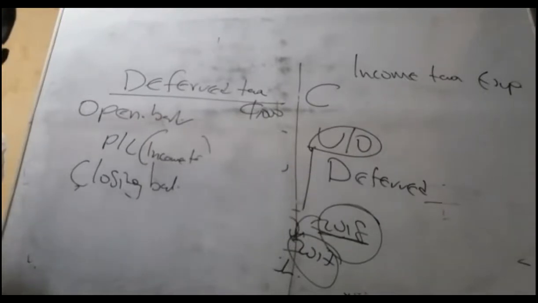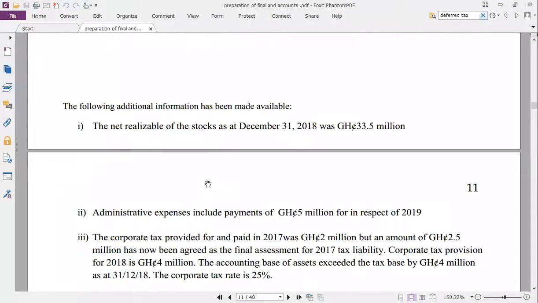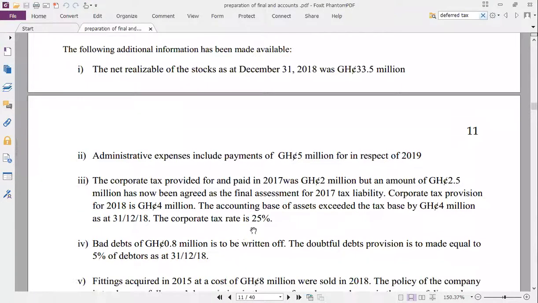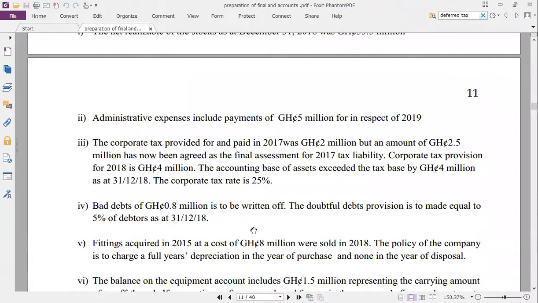So let's check from this question. Slowly again, let's go to note 3. It says the corporate tax provided for and paid in 2017. The line is there for 2017, so it's for the previous year. That's the tax provided. But an amount of 2.5 million has now been agreed as the final assessment for 2017 tax liability.